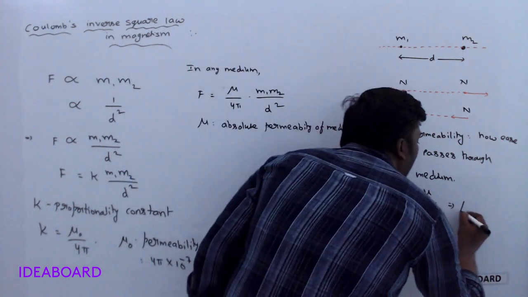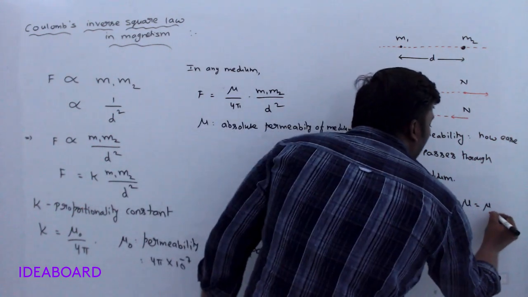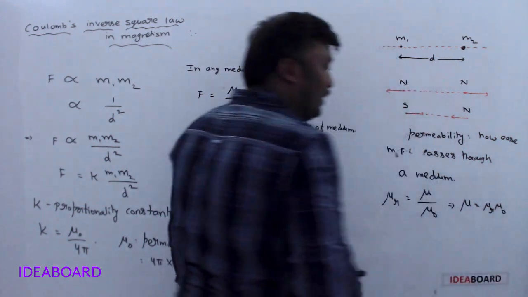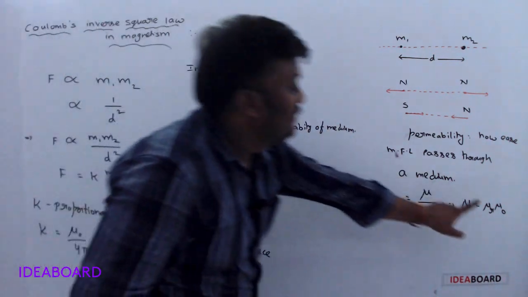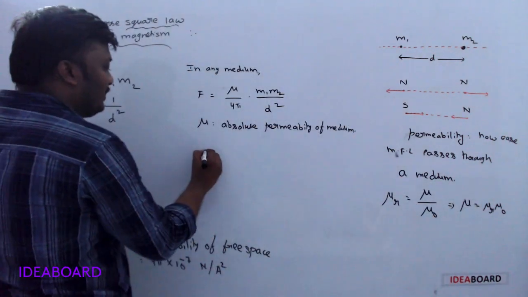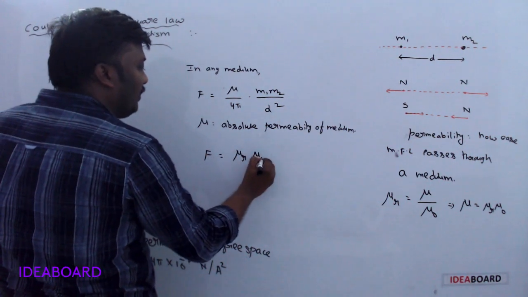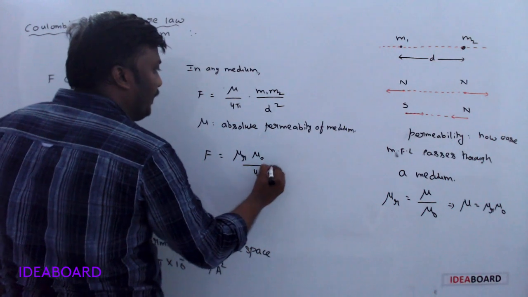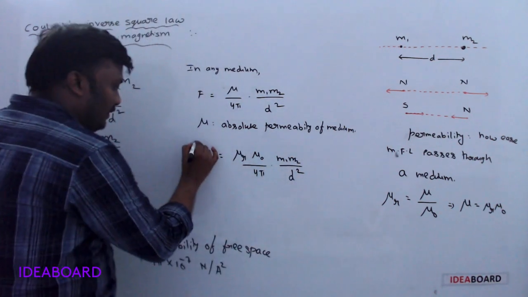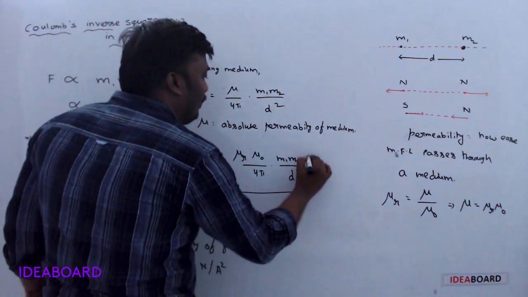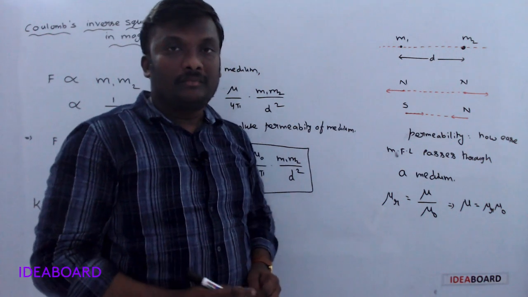From this, mu becomes mu r into mu naught. So instead of mu in this equation, substitute mu r mu naught, then F becomes mu r mu naught by 4 pi m1 m2 by d square. This formula you may use in any medium.